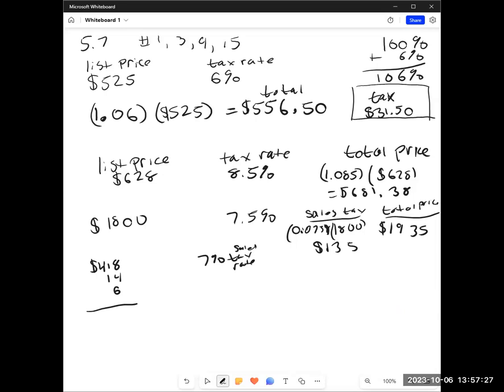So we're going to add, I get 18, 3. So my total purchase price was $438, what we call the subtotal before tax. I want 438 times 1.07.